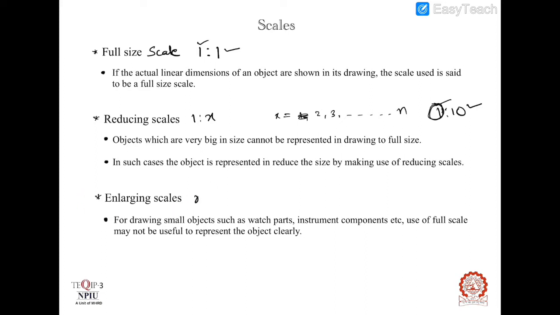Enlarging scales are represented by x:1, where x may be 10, 20, 30, any value. Let's say for enlarging scales we are using 10:1. It means 1 unit of the object is represented by 10 units on the drawing. It means we are increasing the size of the object.